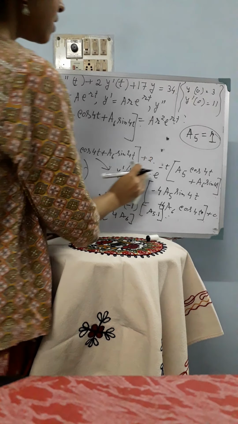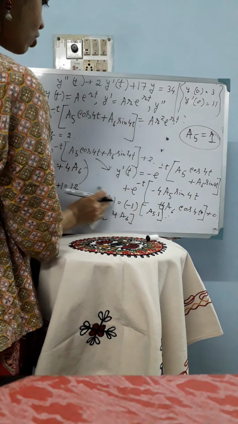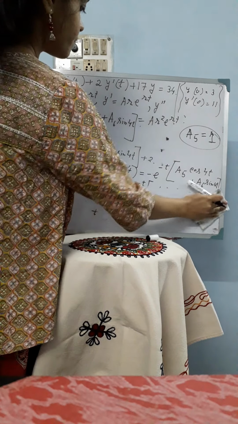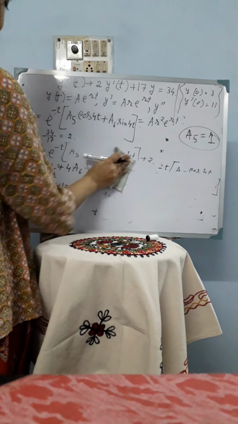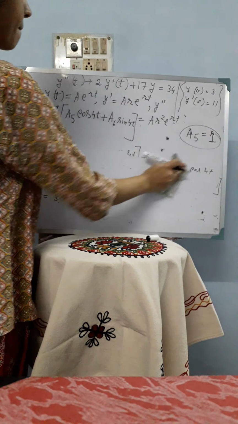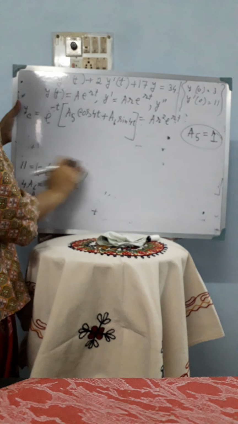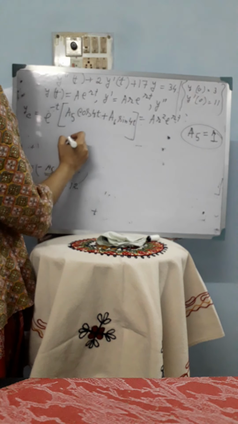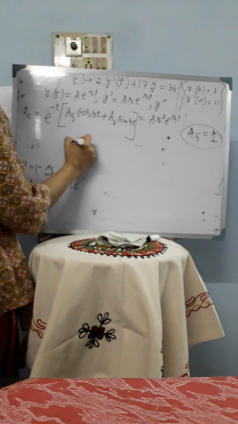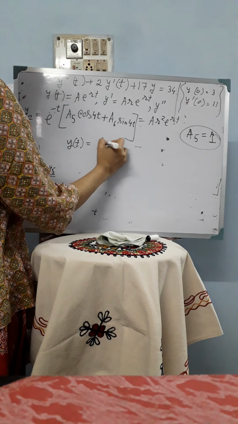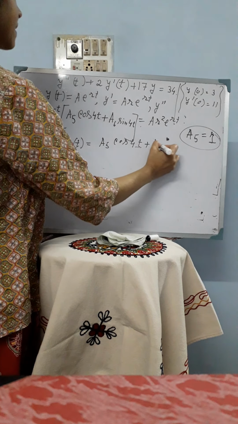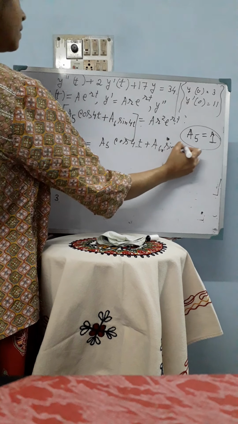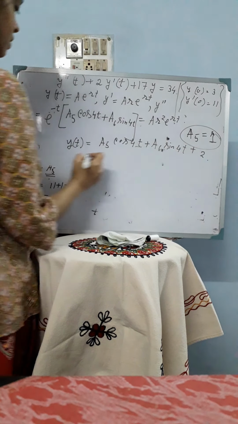Now we can write the specific solution. The specific solution is y t is equal to e to the power h t times a5 cos 4t plus a6 sin 4t, plus 2.